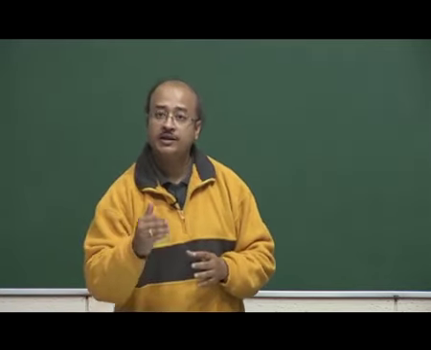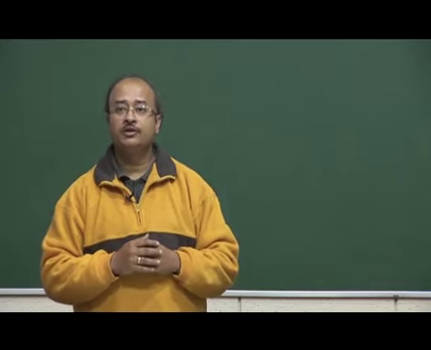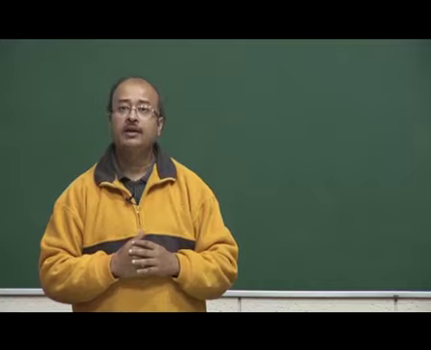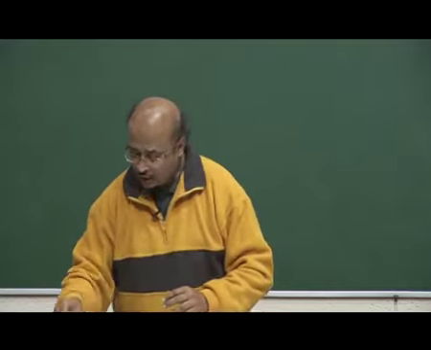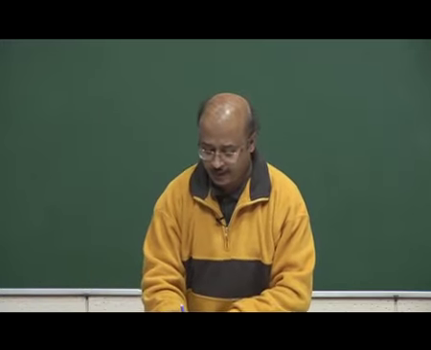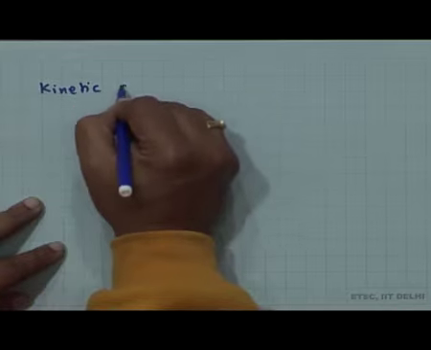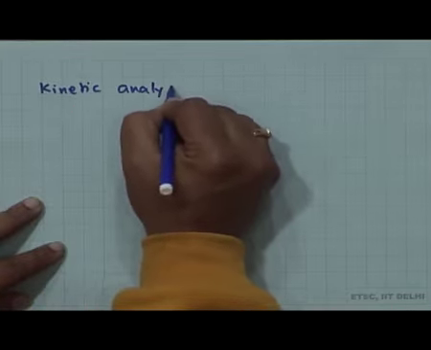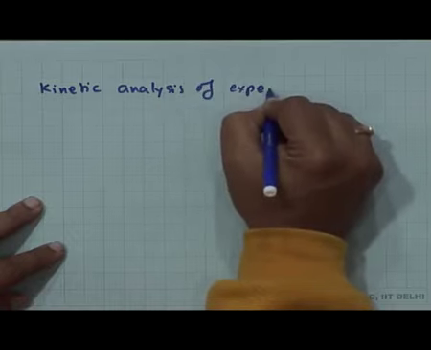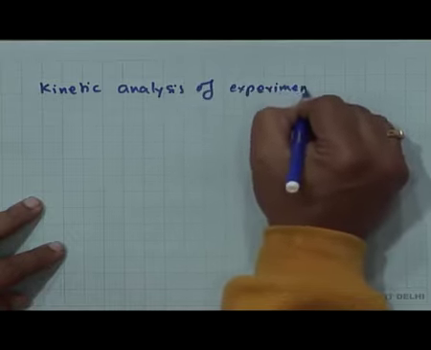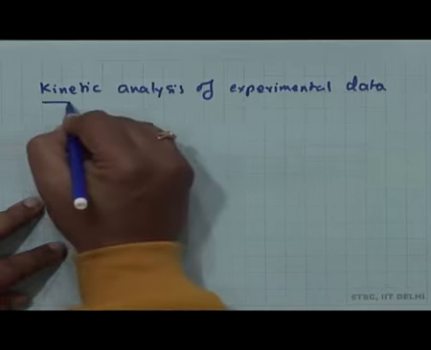We are slowly taking a step into the crux of chemical kinetics, which is kinetic analysis and rate equations. So, I start this section by writing: kinetic analysis of experimental data.